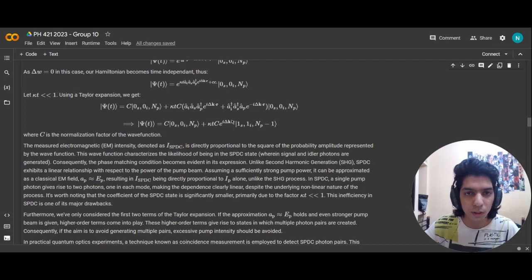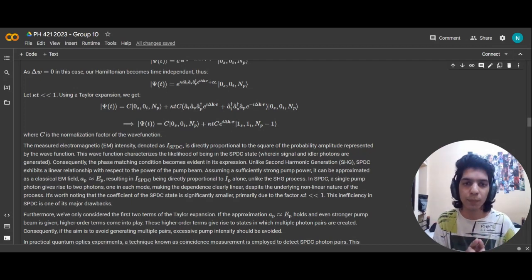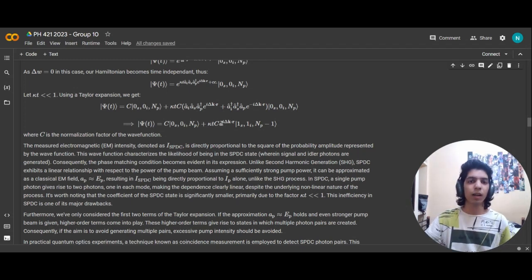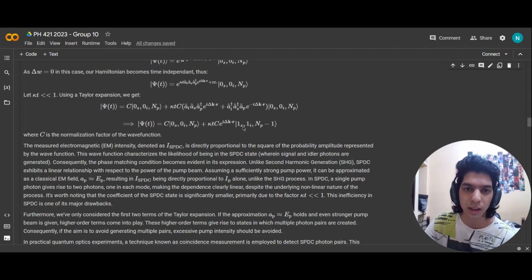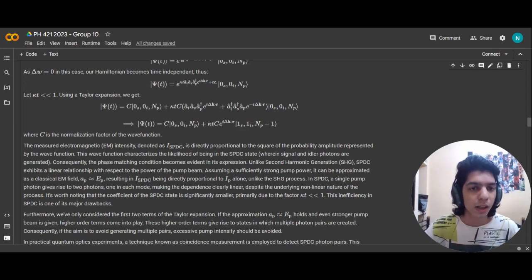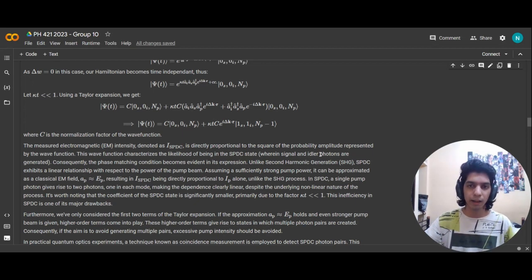So if we take the mod square of this coefficient, we get the probability of being in the state we are interested in, and this probability is directly proportional to the intensity of that beam itself. So this wave function characterizes the likelihood of being in the SPDC state, the one where signal and idler photons are created and the pump one is destroyed.